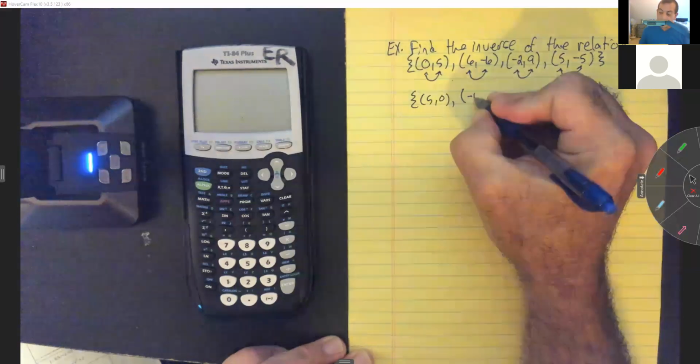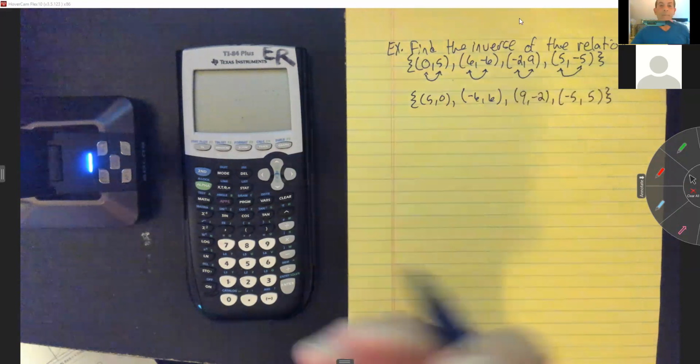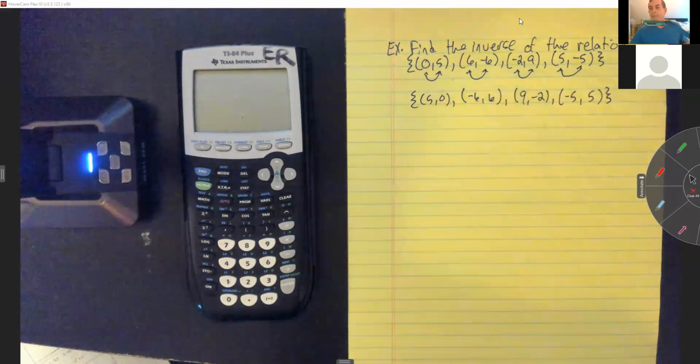A (-6, 6). This one will give me a (9, -2). And then finally, I get a (-5, 5). So in the ordered pairs, all we're doing is just switching them around. And we're going to be done, okay?